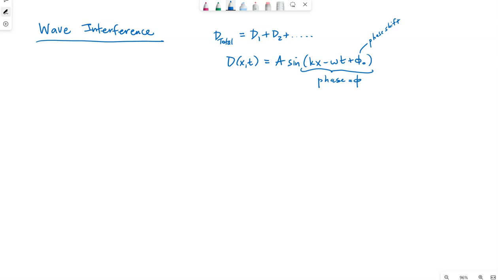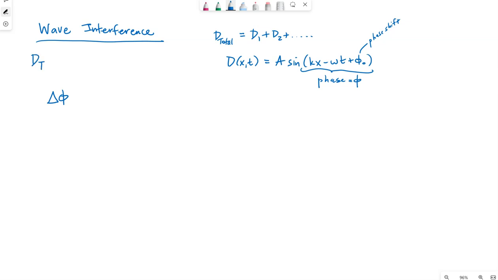So just generically, if we have a couple of waves traveling from two different sources, they're coming to one common location, what we see in terms of the displacement of the medium ultimately depends on the difference of their individual phases.